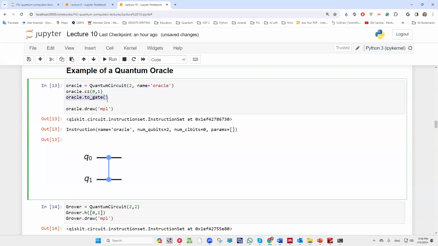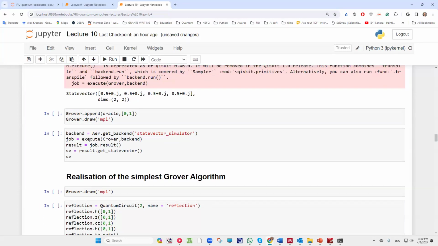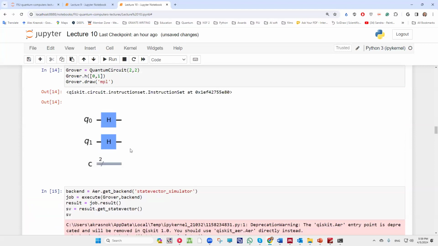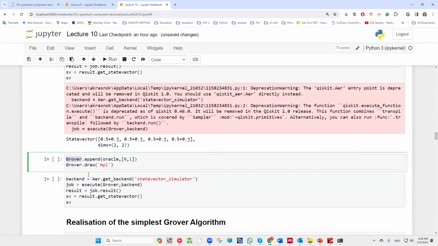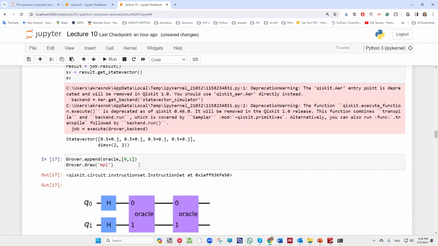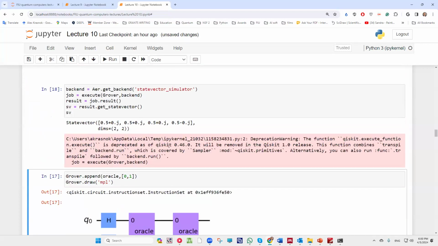This is the gate. I call this gate oracle. We can now append the oracle to this Grover circuit.